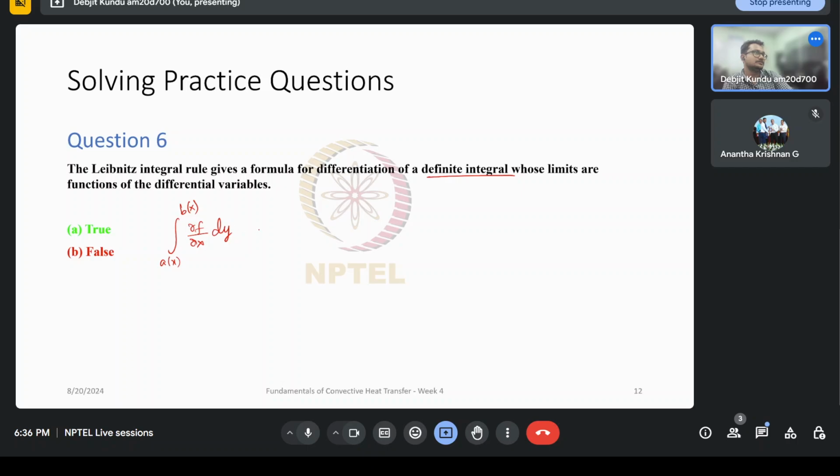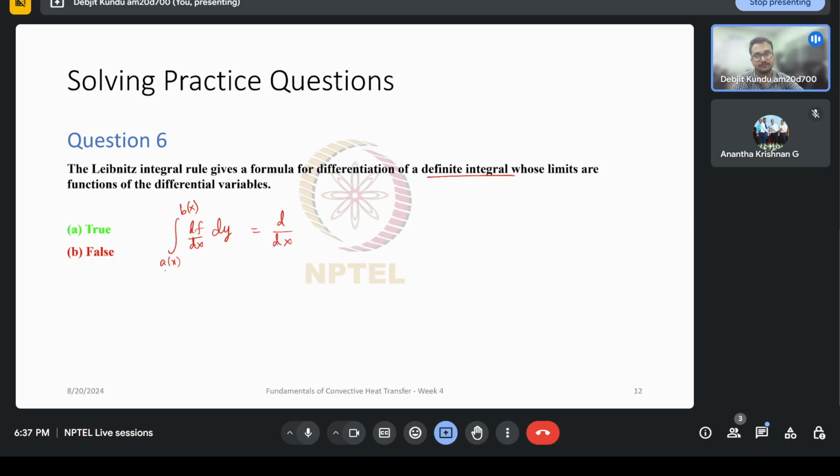Wait, that's not the correct way of doing this. So this basically lets us convert this into, okay, I'll remove the partial derivative, I'll just say df dx. In that case, I can take the differential operator out, given these are all linear operators.